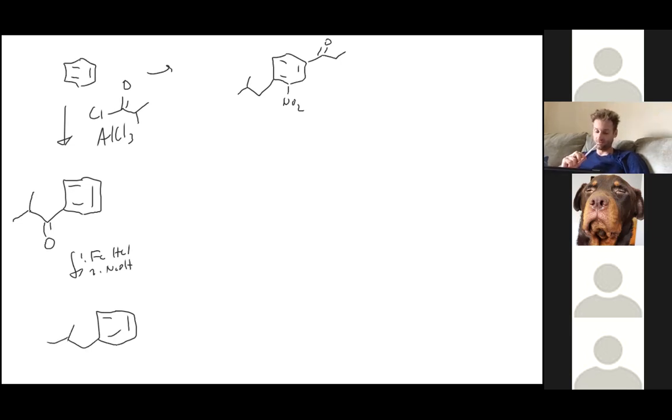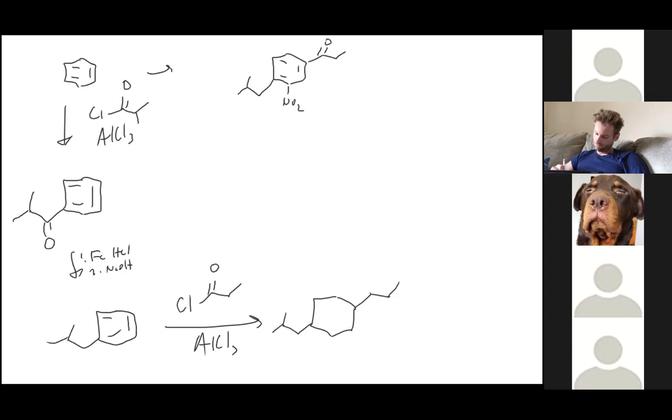So now we have a group 3, it's an ortho para director. Our ortho is somewhat blocked, so if we were to add an acyl group, it should add para. From here, we have a group 5 and a group 3.